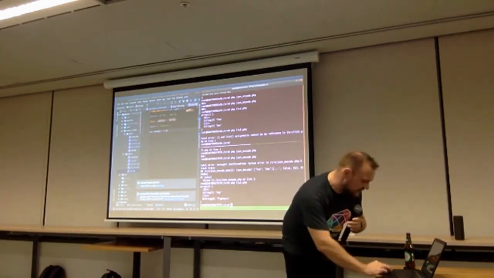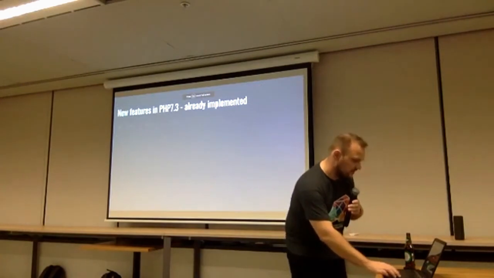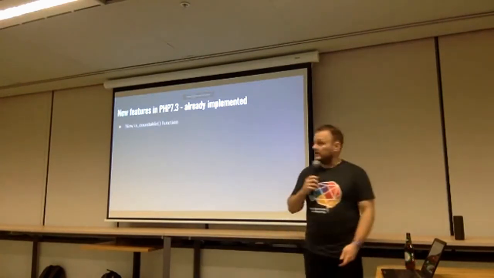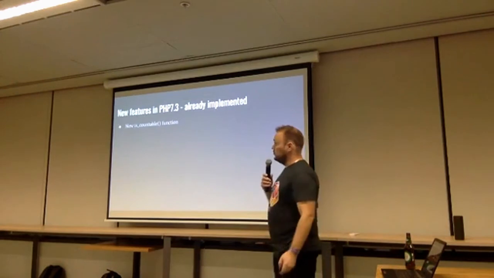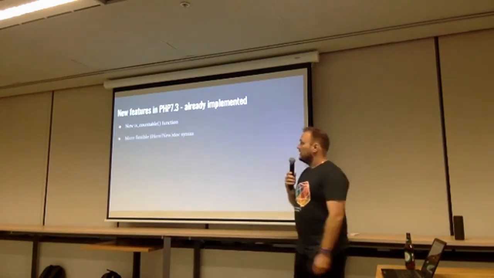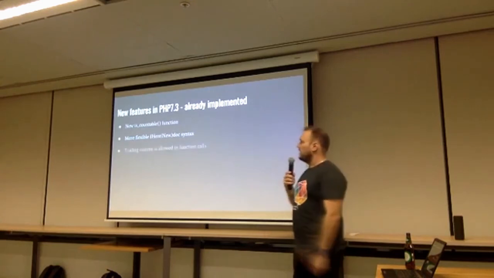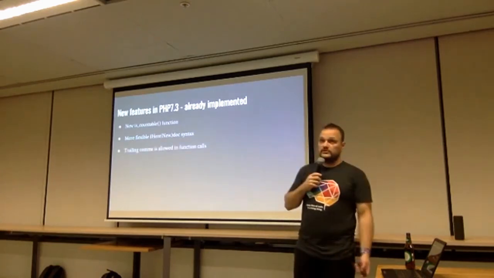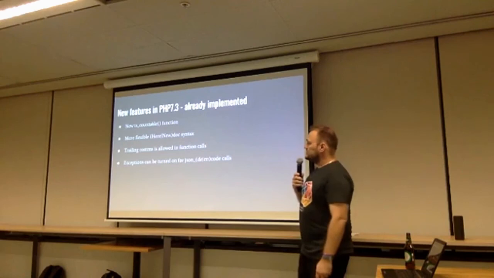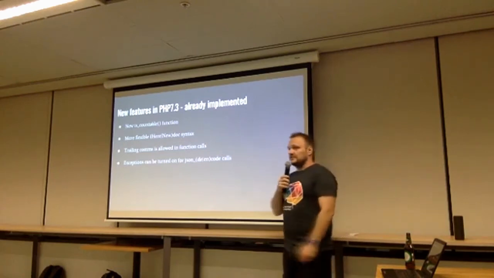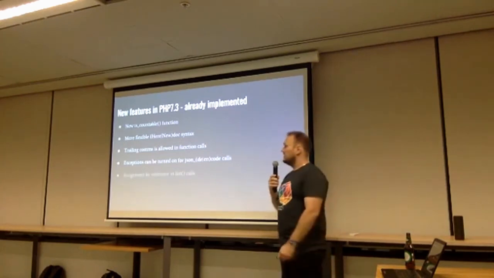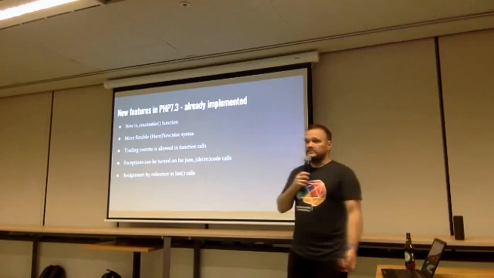Alrighty, so just to wrap it up, because the piece is here. What we were talking about was the new isCountable function, the more flexible heredoc/nowdoc syntax, the trailing comma allowed in function calls, exceptions can be turned on for JSON encode/decode calls, and assignment by reference in list calls.